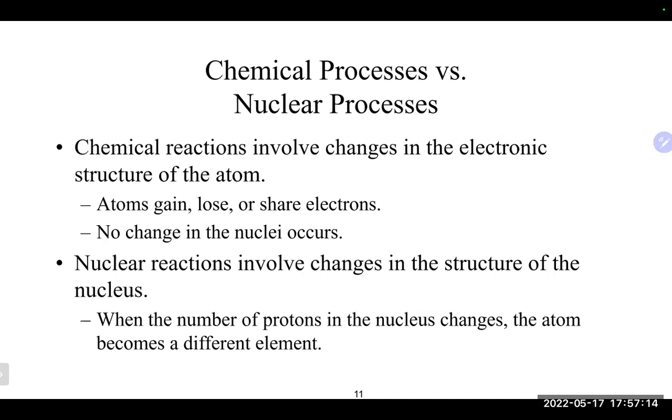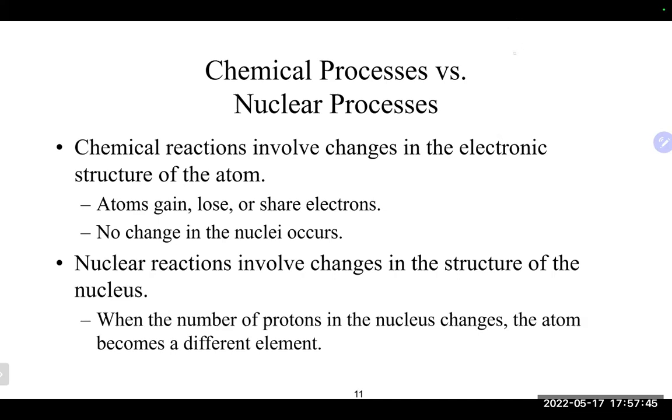But in nuclear reactions, like I said before, it's really all about those particles within the nucleus that are changing. And obviously the most important one out of those is the protons, as the number of protons changes, so does our element. So that is why we take the mass number, atomic number approach to balancing, where we're keeping track of all the particles that came off from the nucleus as well.